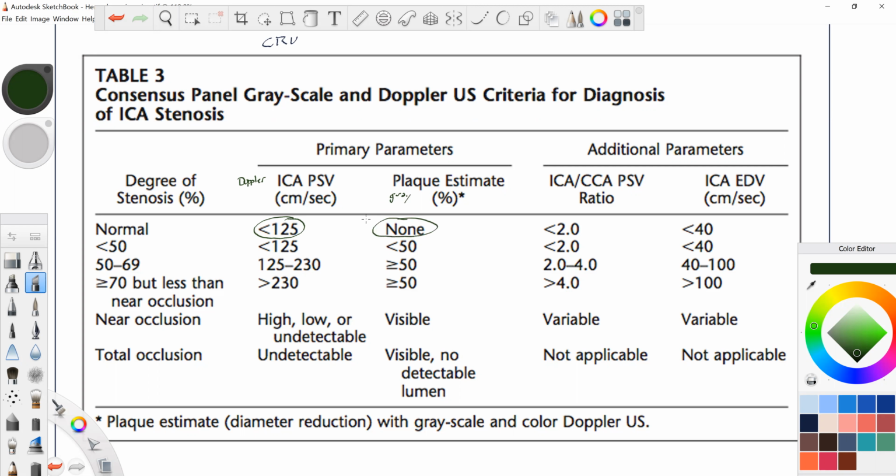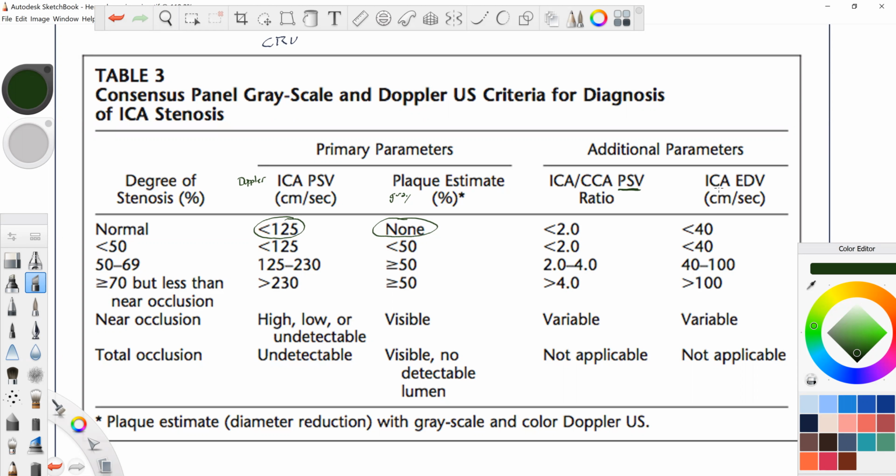We don't even need additional parameters, but if I did, the ICA divided by CCA peak systolic velocity ratio is less than 2. Well, it's most likely going to be considerably less than 2, if that's the case.